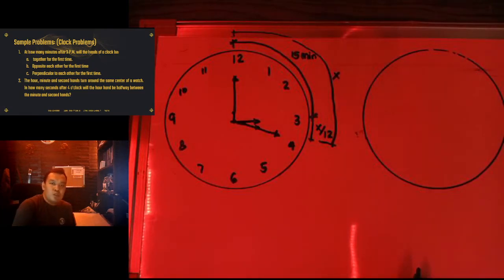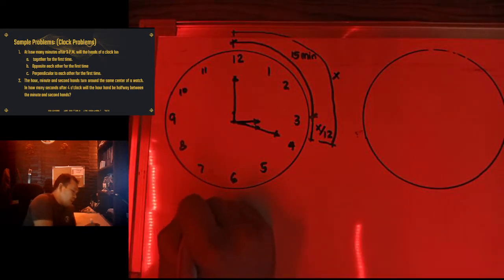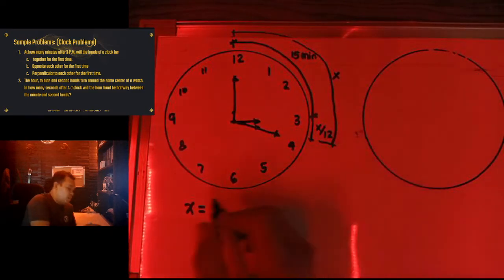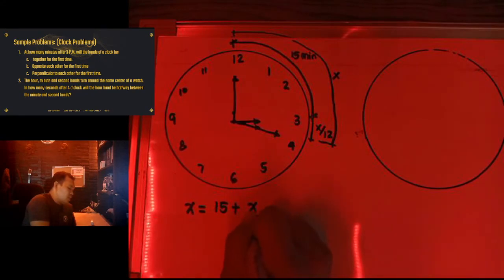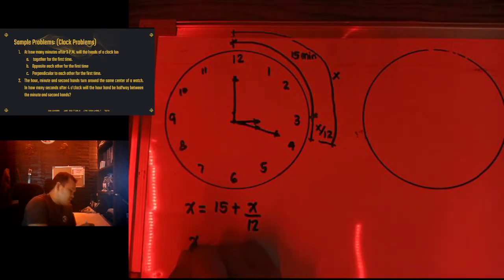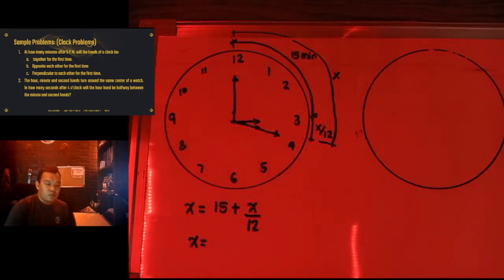So we could say that x is equivalent to 15 plus x over 12. The formula will be: x, this whole x, is equal to 15 minutes plus x over 12. So we could get the value of x, and that x will be the minute hand travel.